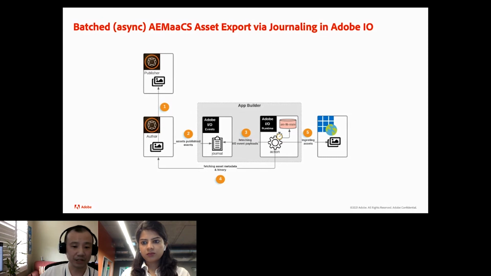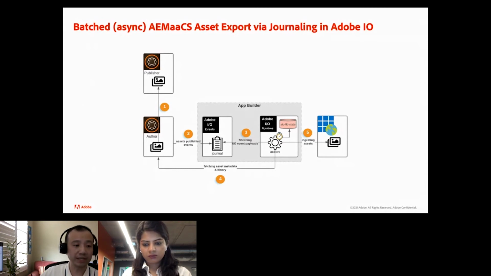Since it is a repetitive action, for the next action run to be able to pick up where it left off, we are using an open source SDK provided by Project Firefly, or App Builder. It's called aio-lib-state. It comes with Adobe App Builder as an open source library, and is used to store the last position of the event that had been reached from the journal.